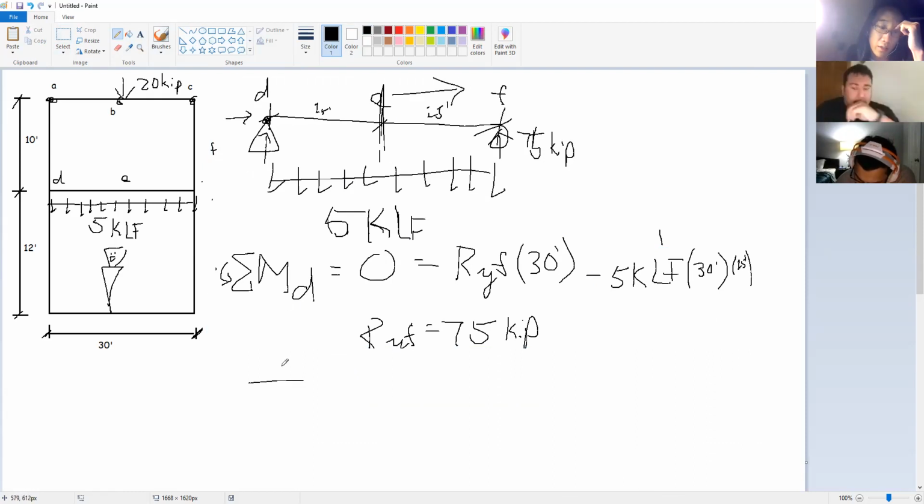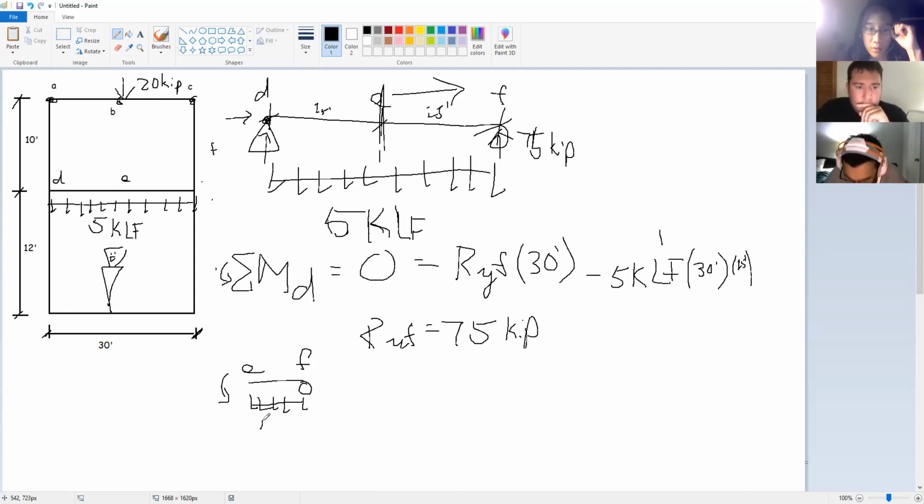Going to look at this side. So we have E, we have F, that's the roller. We're trying to find the bending moment right here at E. We still have the 5 KLF right here. That hasn't gone away. So summation of moments at E, assuming counterclockwise is positive, we have this ME right here.